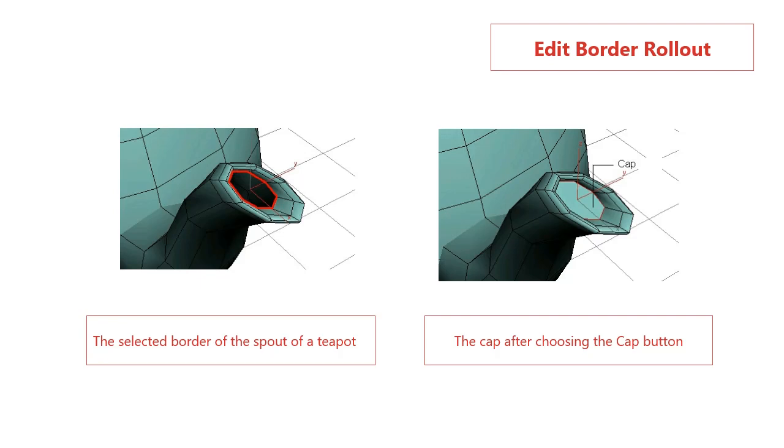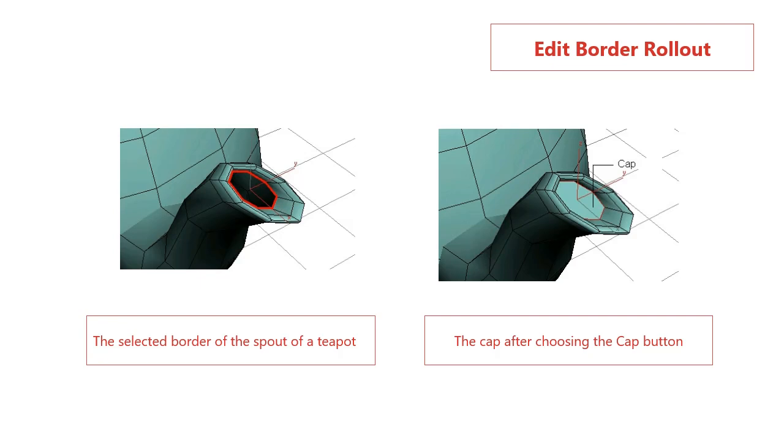Edit Borders Rollout. On selecting the border sub-object level, the Edit Borders rollout will be displayed. The options in this rollout are used to edit the border of an object. The Cap button is used to create a polygon to cap the selected border of the object.